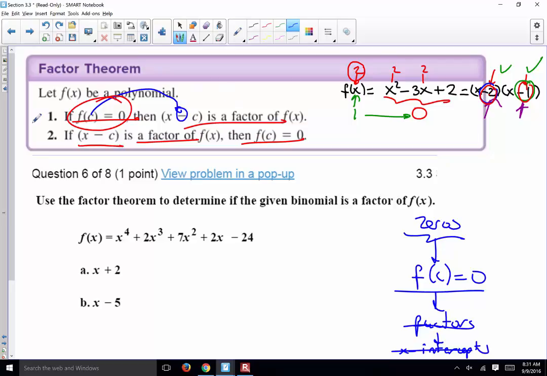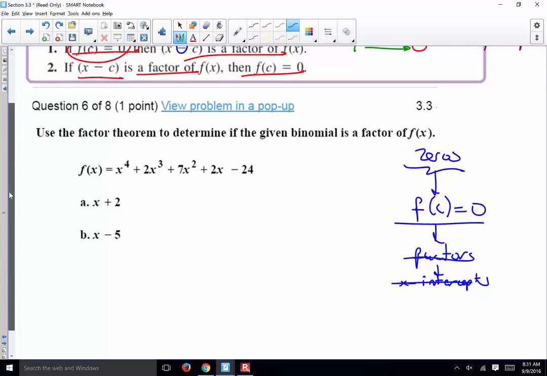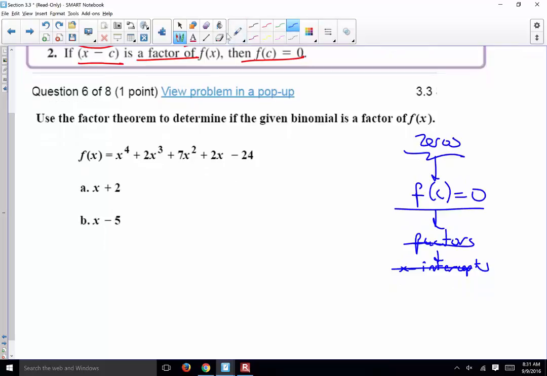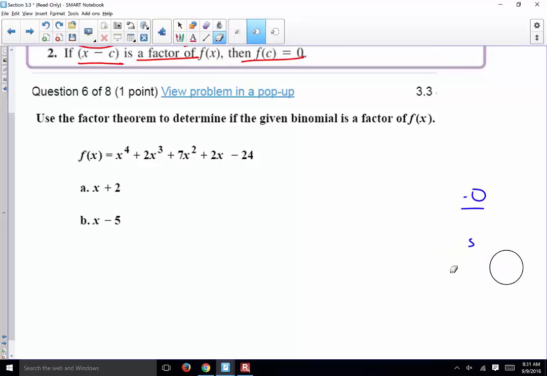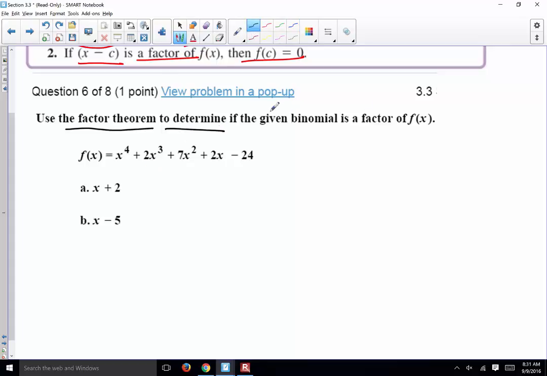All right, let's take a look at this question. What is the question here? Let's read. Use the factor theorem, the theorem just above this statement. We will use that to determine if the given binomial is a factor. There are 2 parts here. In part 1, you are given x plus 2.